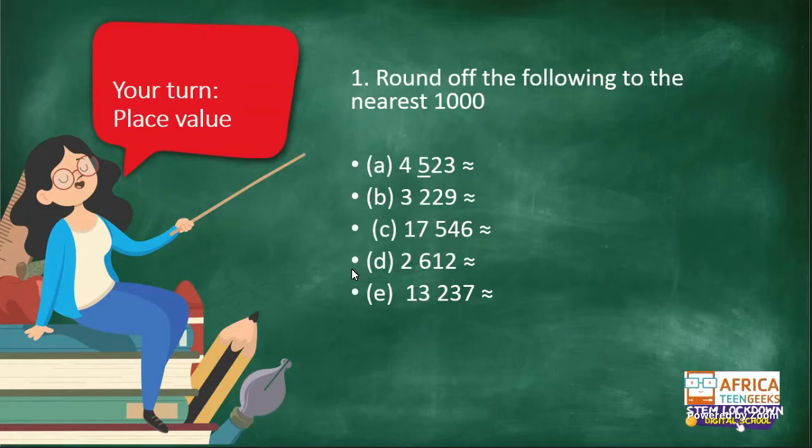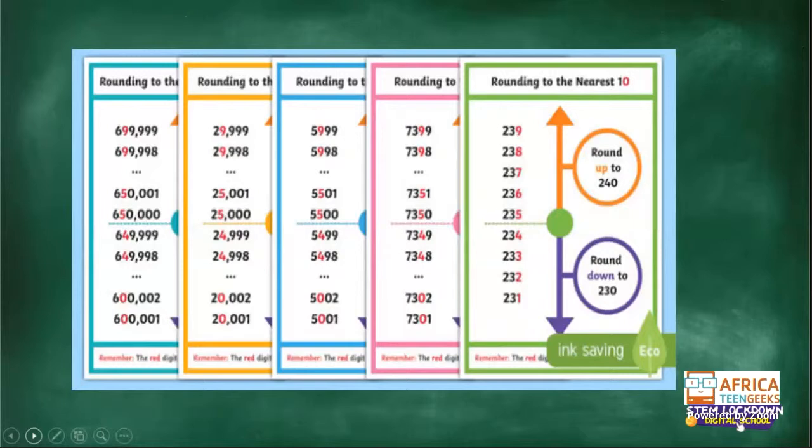Okay, and I think the following slide will be our last one. Yes, okay. So rounding to the nearest 10, we have here 200. We'll first look at this block.